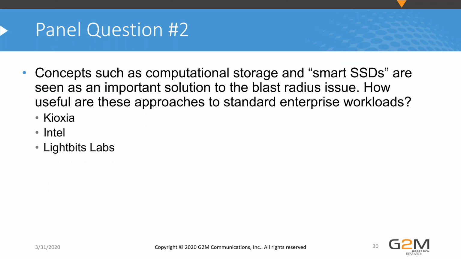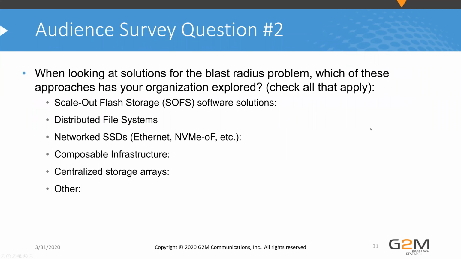I like that. So I'm going to share it real quick, the results from the first poll here. You should see it there. We will put these into the slides as well. Let's go to the second poll question, your audience survey question. That question is, when looking at solutions for the blast radius problem, which of these approaches has your organization explored? You can check all that apply.